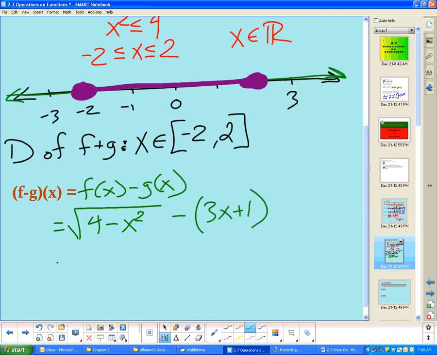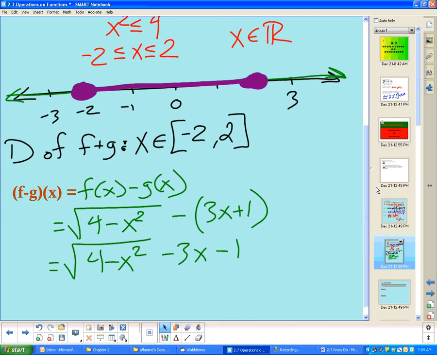Then I can distribute the negative through those parentheses. You can see if I didn't have those parentheses, I would only end up with a minus 3x and a plus 1, where I want a minus 3x and a minus 1. And just like I did with the sum of functions, there's not much I can do there to simplify, so I actually leave that as my final answer.